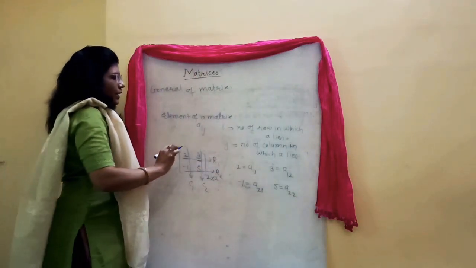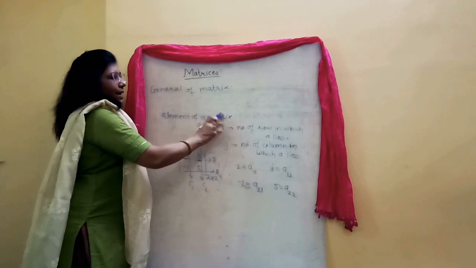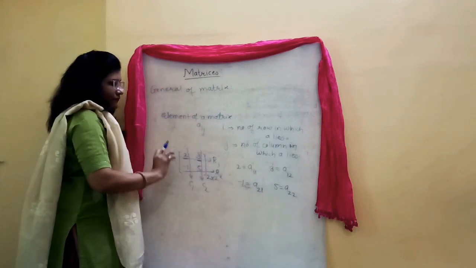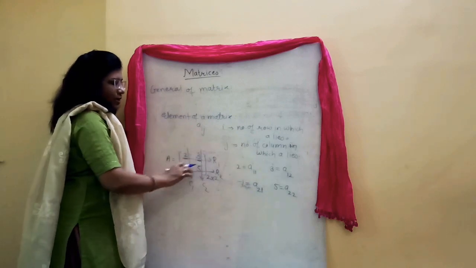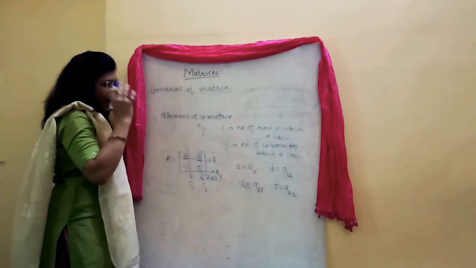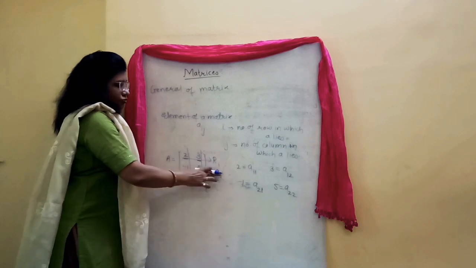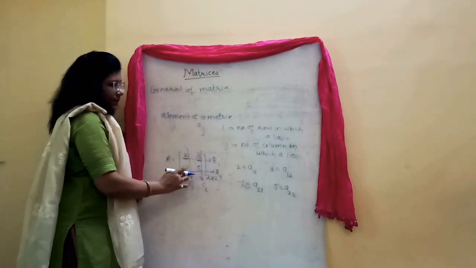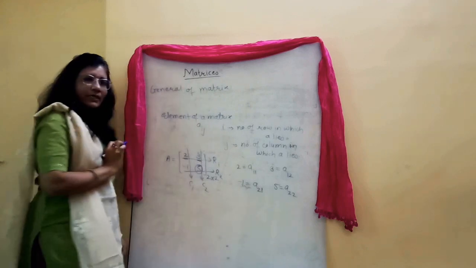Understood? So this is the element of a matrix. If I say find the number in the second row and second column, you have to guess that the second row means this row and the second column means this column, that is, the number 5 is there.